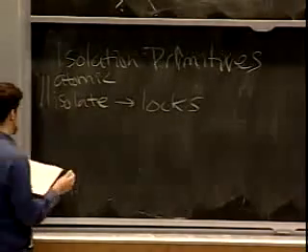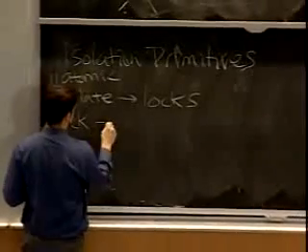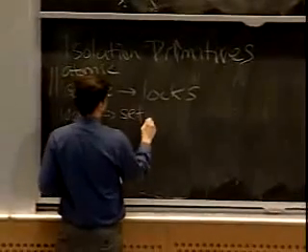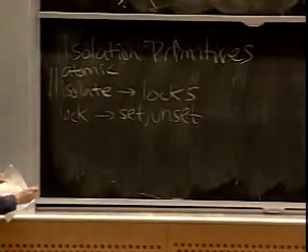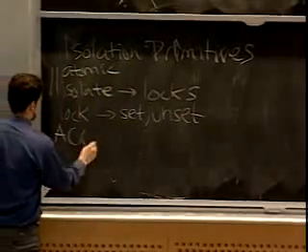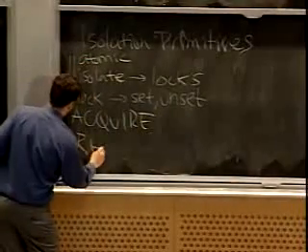So a lock is simply a variable which can be in one of two states. It can either be set or unset. And we have two operations that we can apply on a lock. We can acquire it, and we can release it.